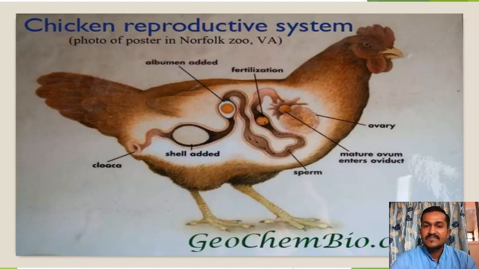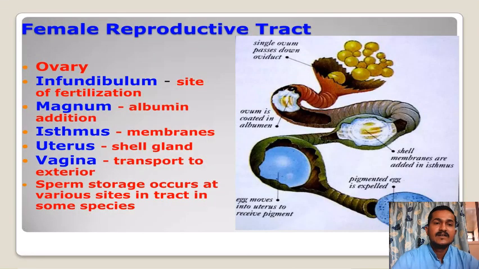You can see where the reproductive system is present inside the body of the hen. The ovary is basically present at the chest region, and the whole remaining part, the oviduct, starts from the chest up to the anus region. Understand? Now let's see the next slide of the female reproductive system of chicken.